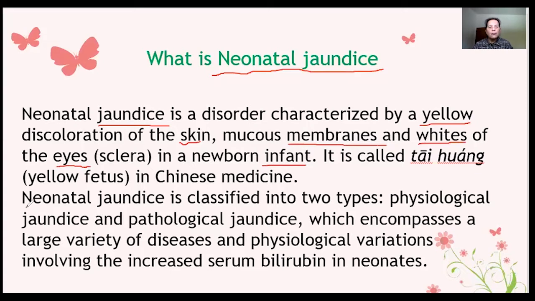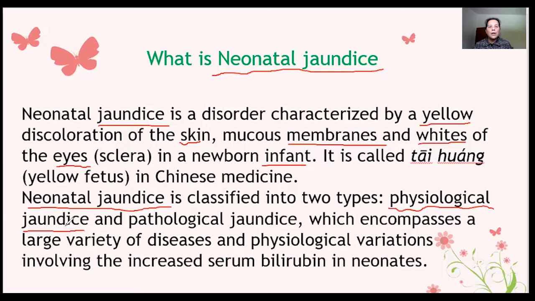So basically newborn baby jaundice is separated into two conditions. One condition is a physiological condition. A lot of babies may have some natural jaundice after birth, but it will disappear very soon.